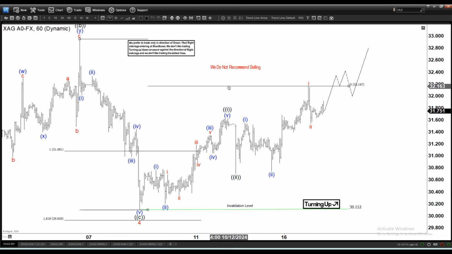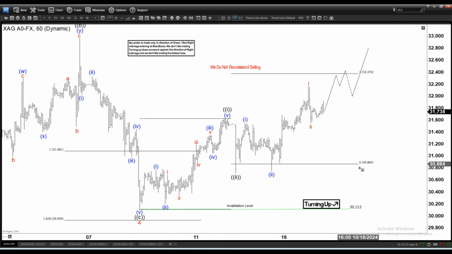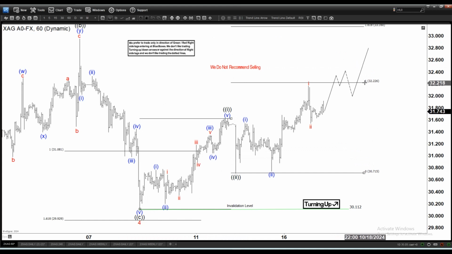In the shorter cycle, if you want to know the possible target on the upside, you can measure this 1 and 2 here extension wise. This is the 100% extension, which technically could be the minimum. But if this is 5 waves within wave 1, it looked like 3 waves so far, so it seems even in the shorter cycle it's missing one more leg.